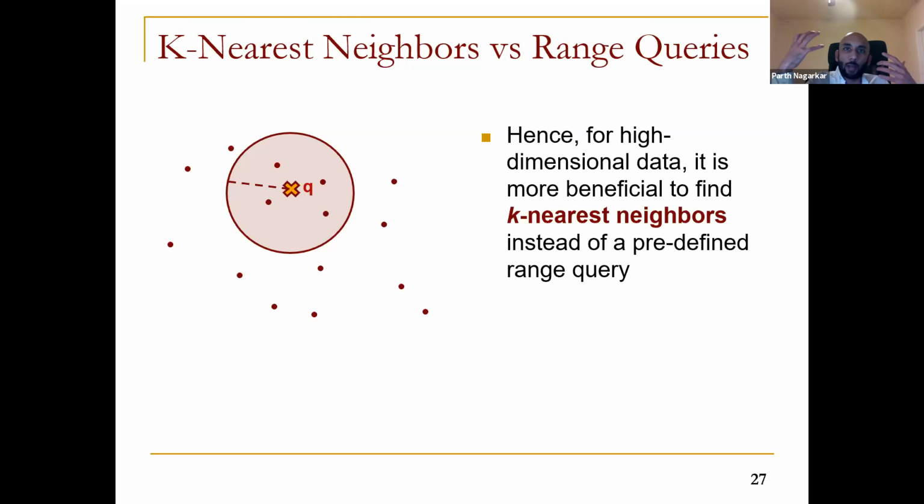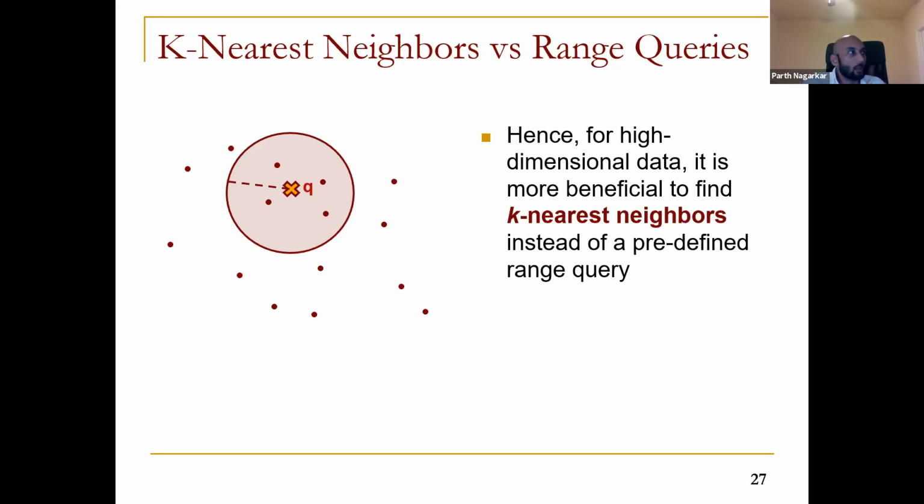But given some high dimensional data set, not knowing the density or sparsity of the data, you do not know what your range query should be. Hence, for high dimensional data sets especially, it is much more beneficial to find k nearest neighbors instead of predefining a range query saying, give me points within 1,000 range or 10,000 range, which does not have much meaning.